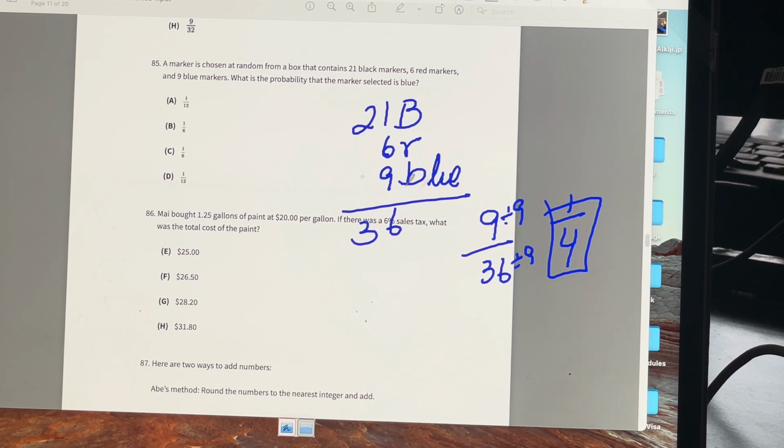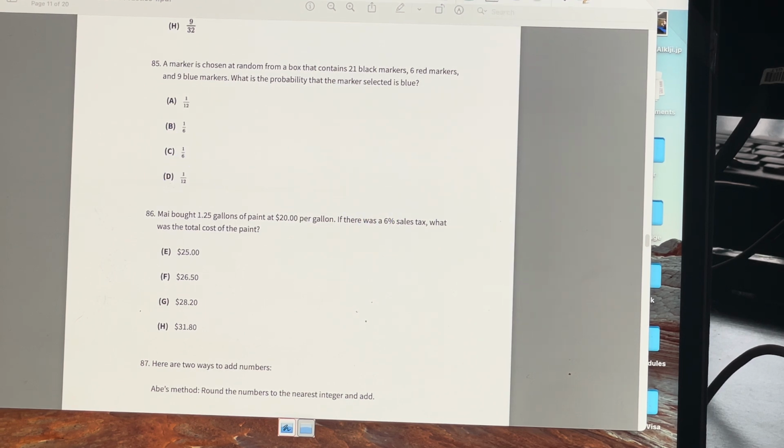Again, please ignore this. The answer is 1/4. I'm not going to use capital anymore after this. There's too many mistakes.